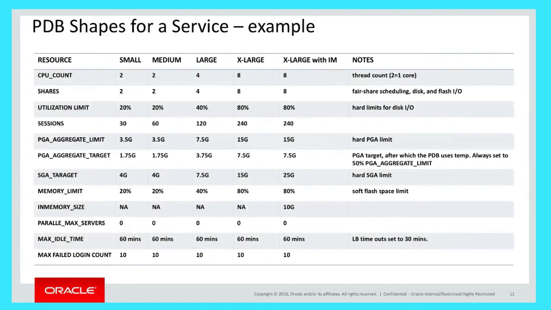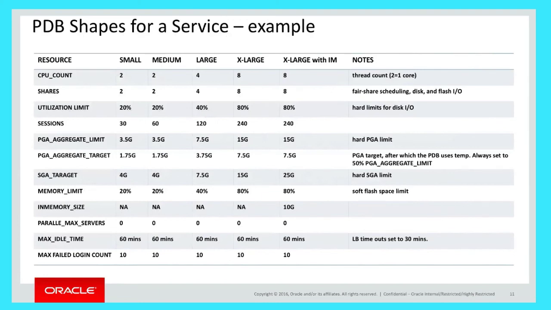So you'll set a resource management plan, as described earlier, for shares, utilization limit, and memory limit to control things like fair share scheduling for disk and flash, and for example, what's the memory utilization limit, hard limit for disk IOs.